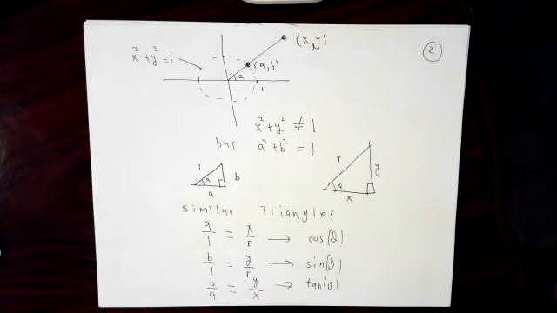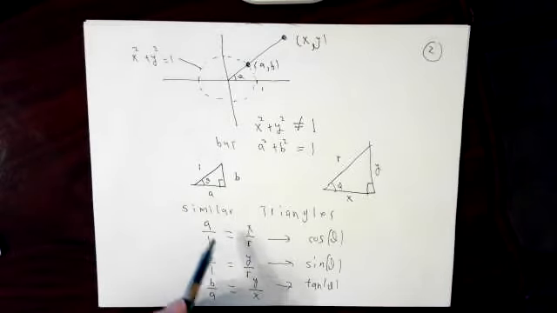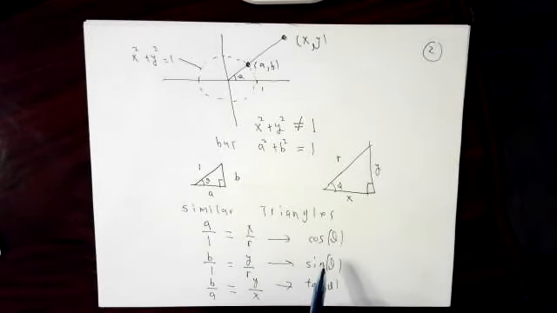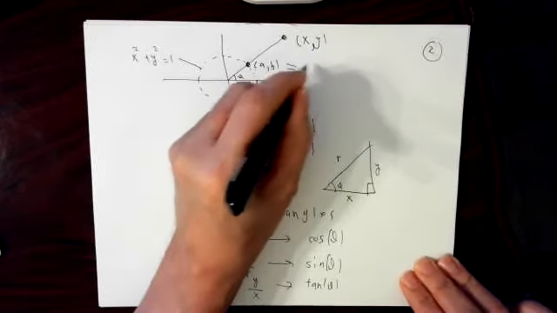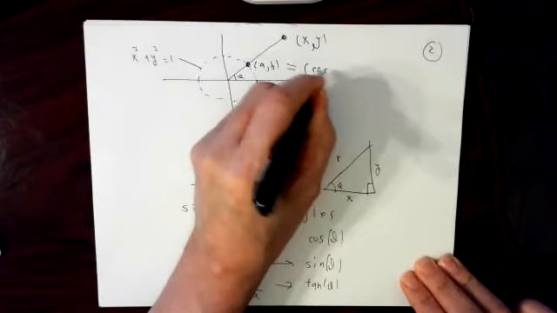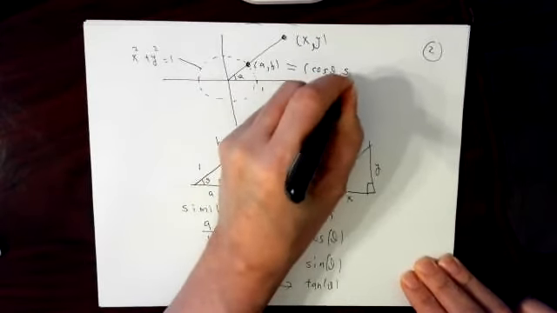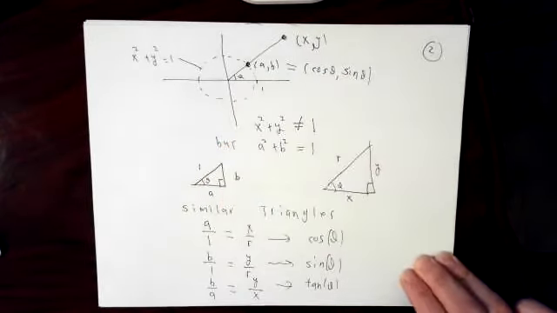If you cut the middleman out, if you only think about points that are on the unit circle, then a, which is a over 1, is going to be cosine theta, and b over 1, which is b, is going to be sine of theta. So this point is actually equal to cosine of theta, sine theta.